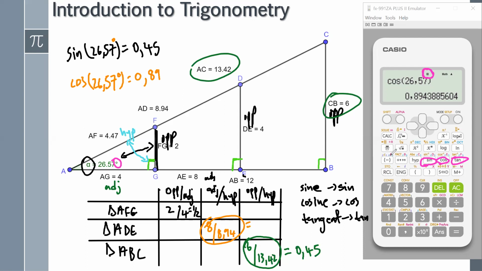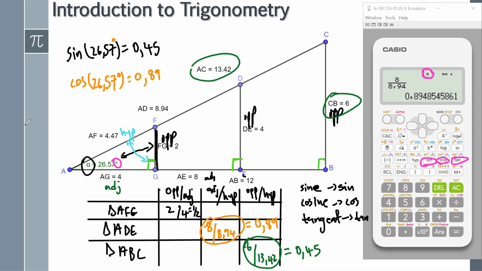So that is the adjacent over the hypotenuse, by the way. So I'm going to do that. Let's go, 8 divided by 8.94. And there we go. Again, it corresponds with the cosine of 26.57.